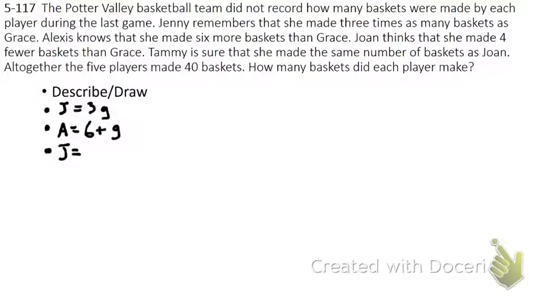Grace must be a very popular student. Okay, so once again, Joan made 4 fewer than Grace. So here's Grace, and here's Joan making 4 fewer. Tammy is sure that she made the same number of baskets as Joan. So Tammy and Joan, they're in the same position.